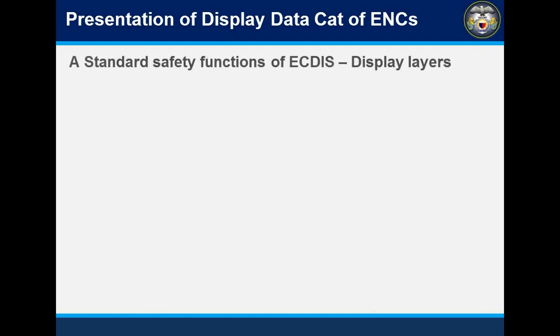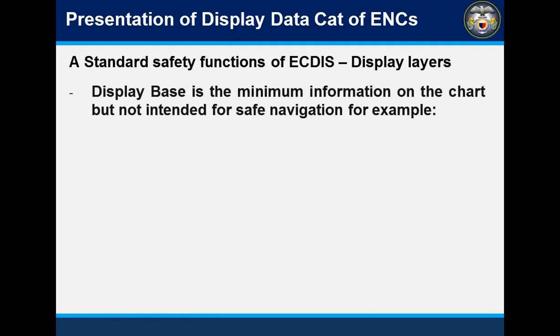Okay. Now, these layers, as we are discussing, is the display base. This is the first layer. Actually, it is on the bottom. And this is the minimum information on the chart, but not intended for safe navigation.